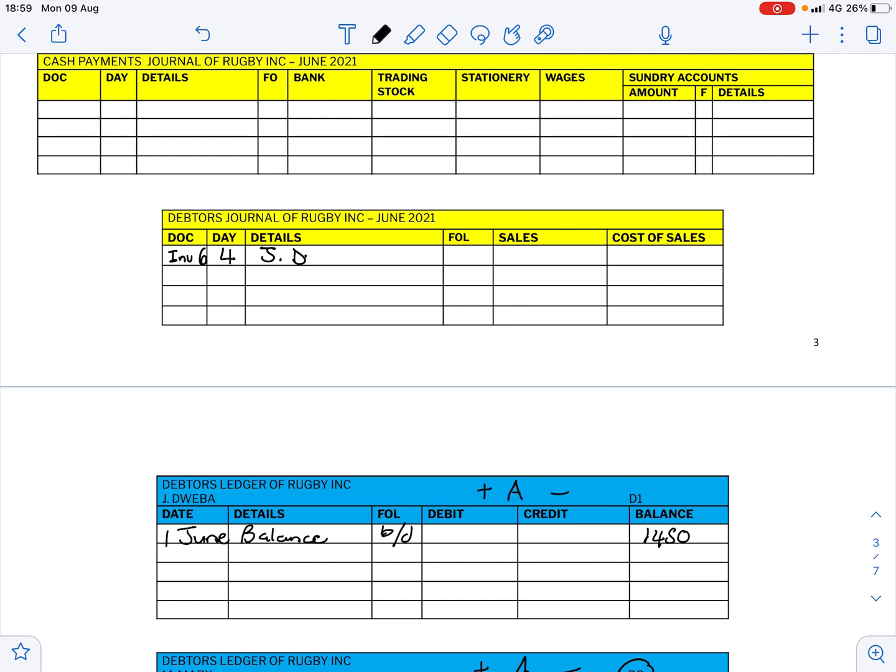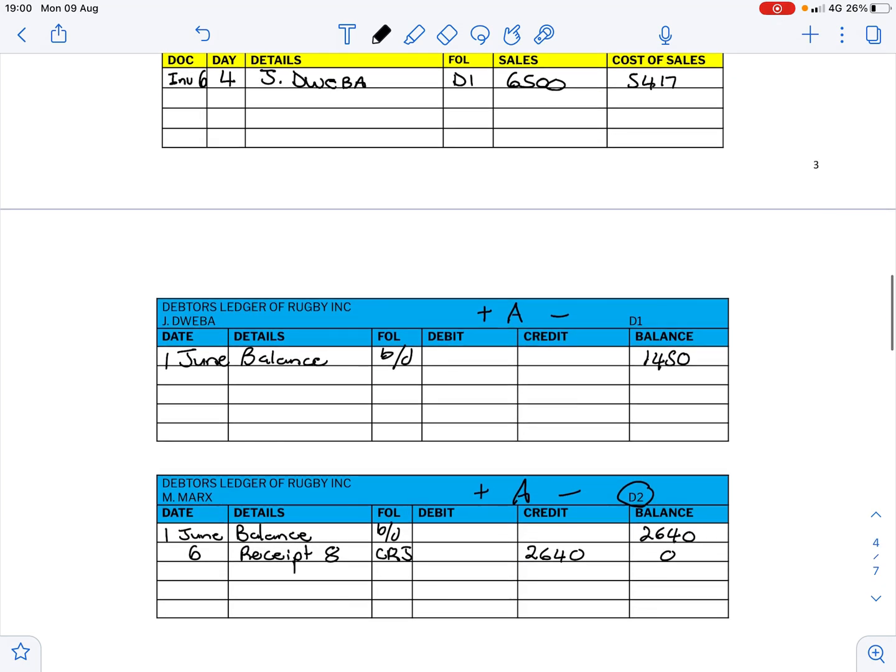J. Dweber is buying from us on credit rather. Our folio, he is D number 1, and they tell us sales was 6,500. We divide it by 1.2 and we get 5,417 Rand as our cost of sales figure.